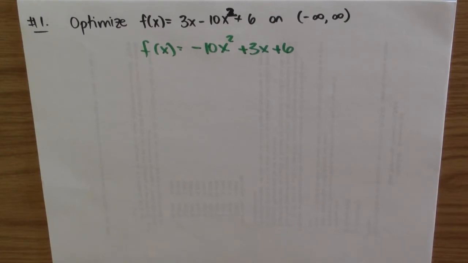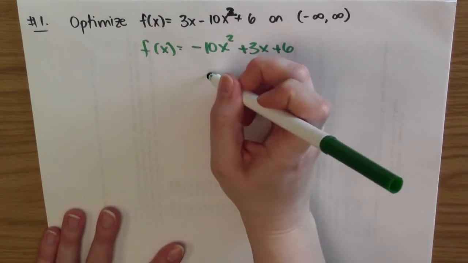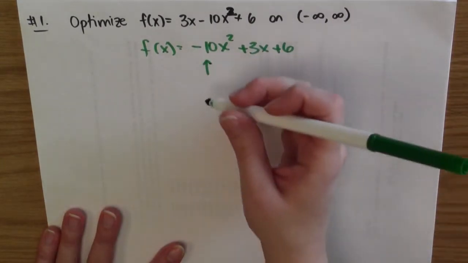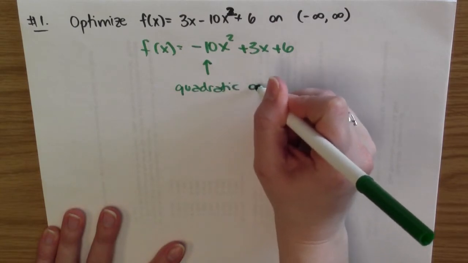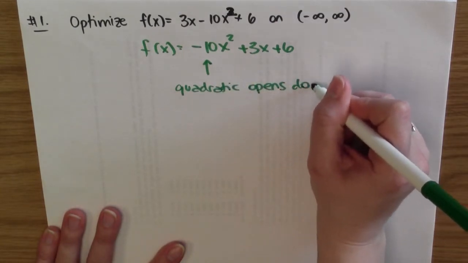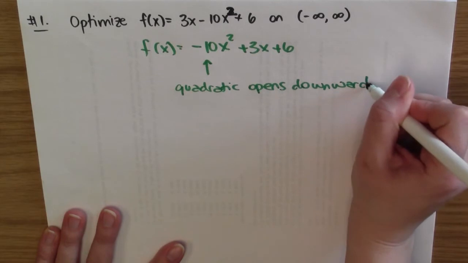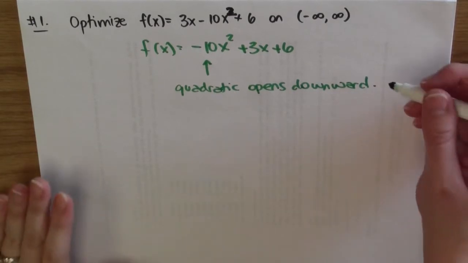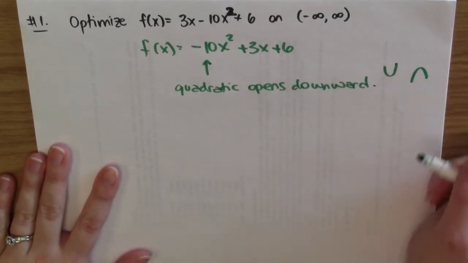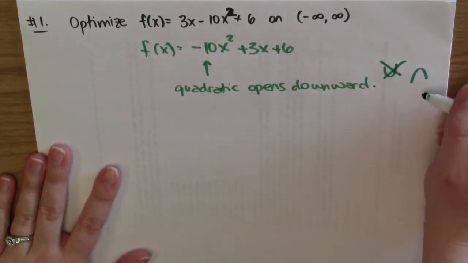So what we know about quadratic functions is that we can inspect this coefficient, and we can say that the quadratic opens downward. This is an old trick from pre-calculus, so that if we want to figure out whether the function looks kind of like this or kind of like this, we get this version here.